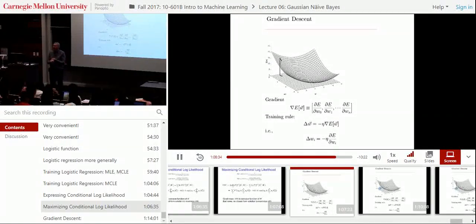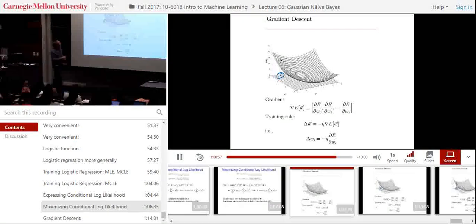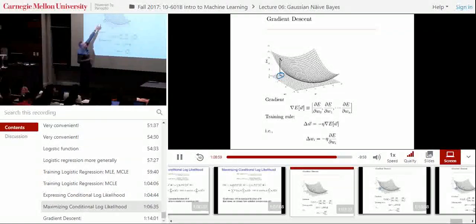Build an iterative algorithm whose job is to find the best combination of W0 and W1, or however many W's you're trying to estimate. And that algorithm works this way. First, you start out with a random choice. Suppose we start out with this choice of W0 and W1. You calculate your function for that particular set of choices of W0 and W1.